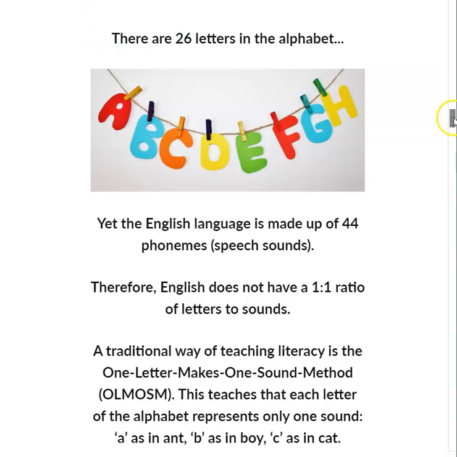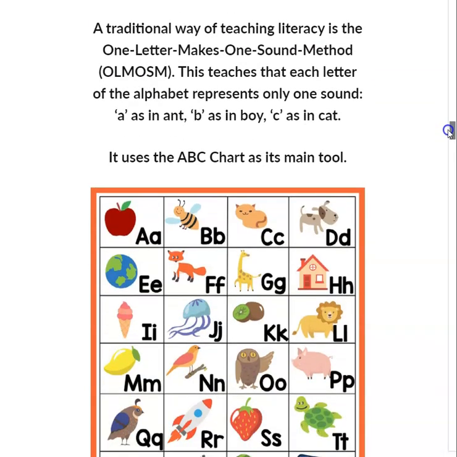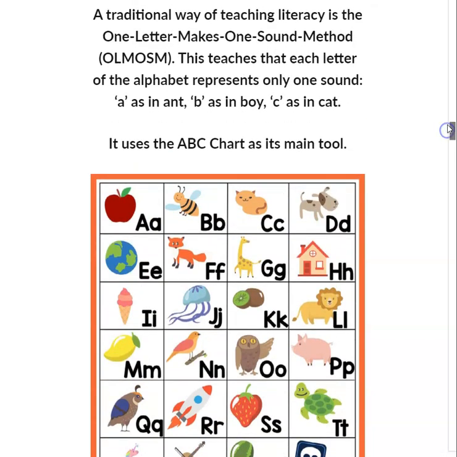A traditional way of teaching literacy is the one letter makes one sound method. This teaches that each letter of the alphabet represents only one sound. So A as in ant, B as in boy, and C, K as in cat.